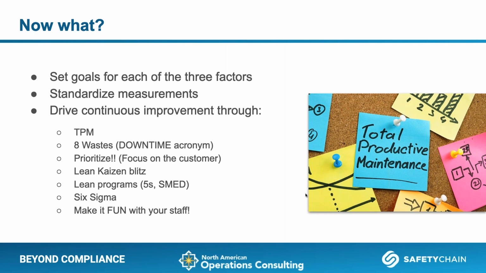The Lean Kaizen Blitz, typically the 5-day, analyze it, tear down, put it back together. You get a big shot in the arm in a small amount of time. A little bit disruptive, but it is fairly effective. You get your normal lean programs like 5S, SMED, Six Sigma, and again, make it fun with your staff.